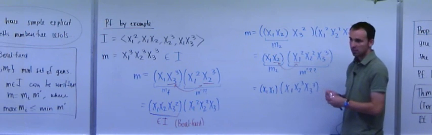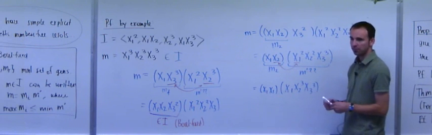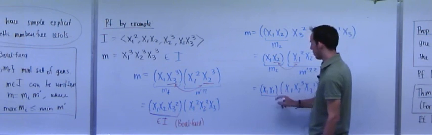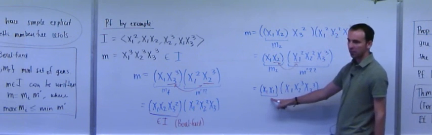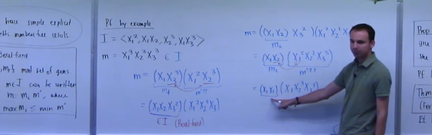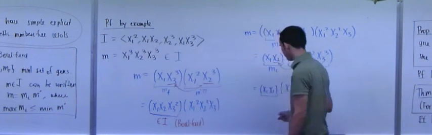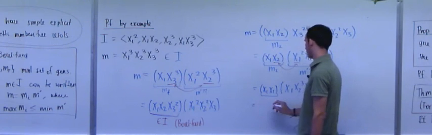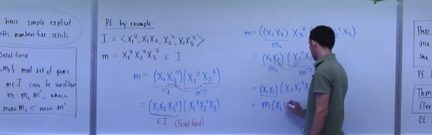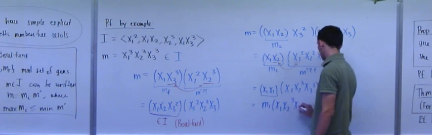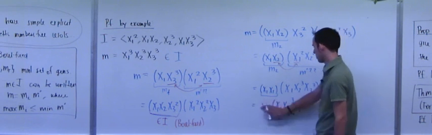So because it's in the ideal, it must be generated by somebody. Okay? And I see who this guy is generated by, x1 squared. Well, in this case, x1 squared is one of the generators. So what I get is just m1 times x1, x2 cubed, x3 cubed. You just write it like this.